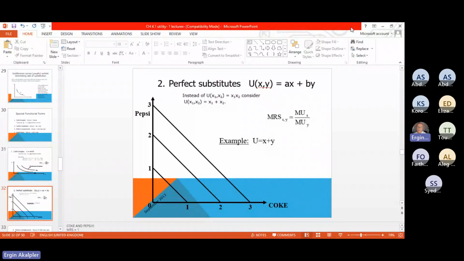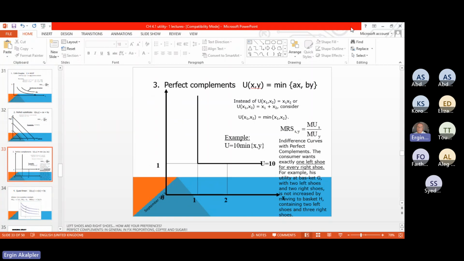Here the example is given, u is equal to x plus y. If you give y0, then x is supposed to be 1, 2, 3, 4, 5. Then you draw, as you see, an increasing function of x. And then you give x0, and you draw y again, 1, 2, 3, 4, 5, as it is a linear equation. Then you draw the graph easily and illustrate and represent this example.